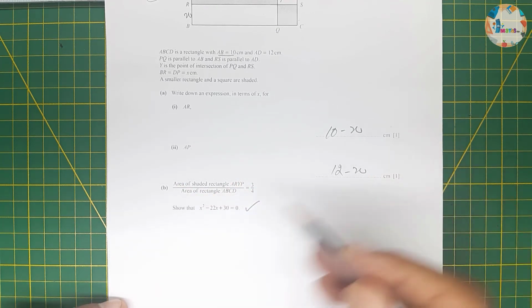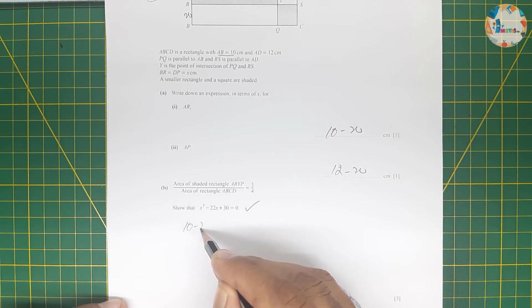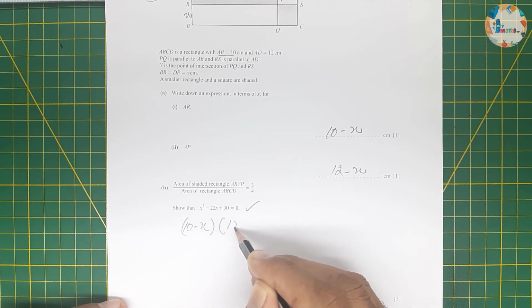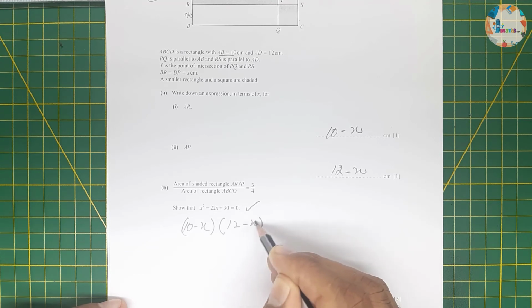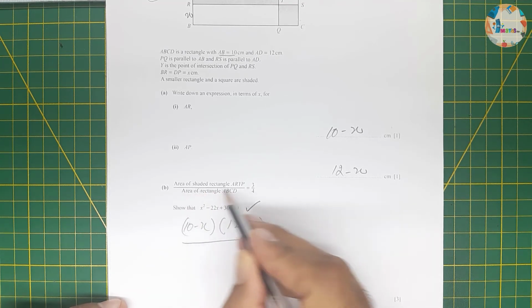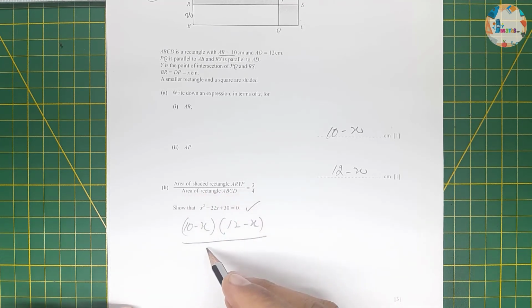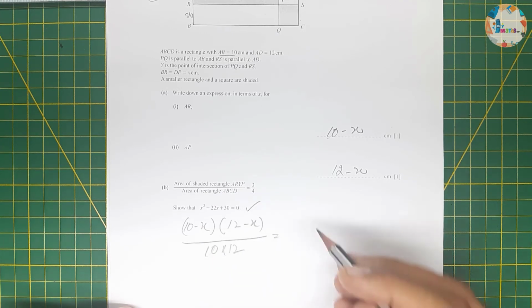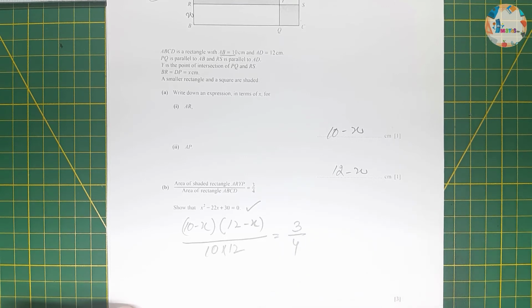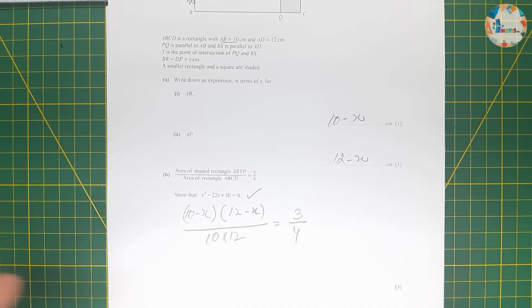We'll be multiplying these two sides. So 10 minus X multiplied by 12 minus X, and over this will be the complete rectangle, that will be 10 into 12, and this is equal to 3 by 4. Now we'll have to just simplify this.